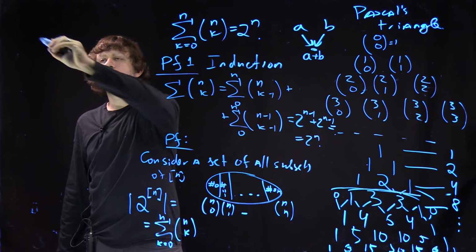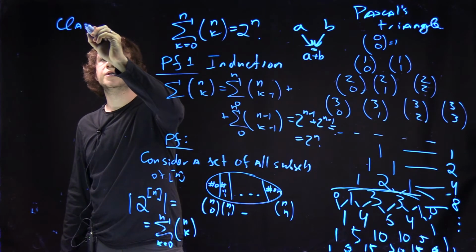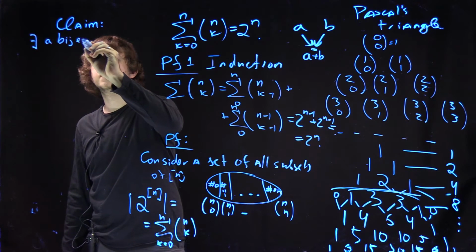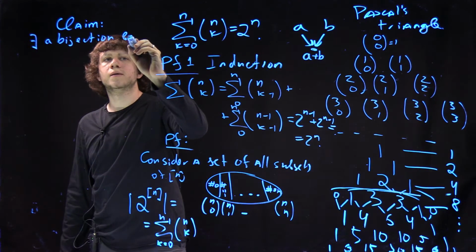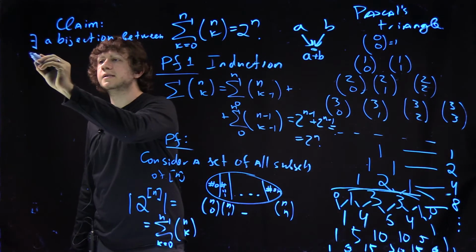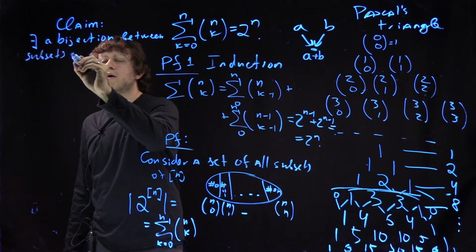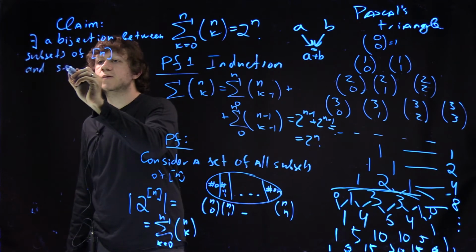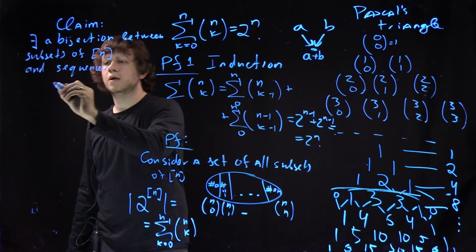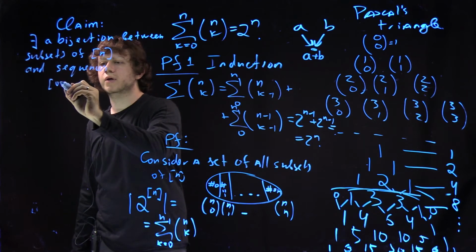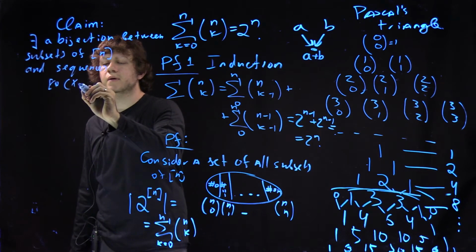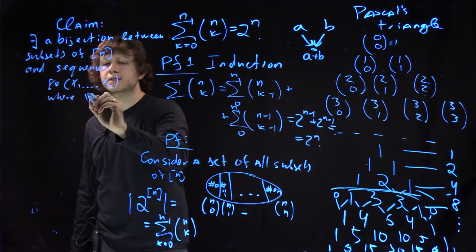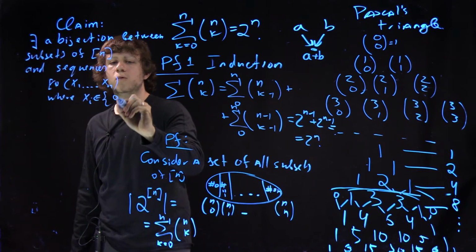So the claim, which is very important, is that there exists a bijection between all subsets of n and sequences x1 up to xn, where xi equals 0 or 1.